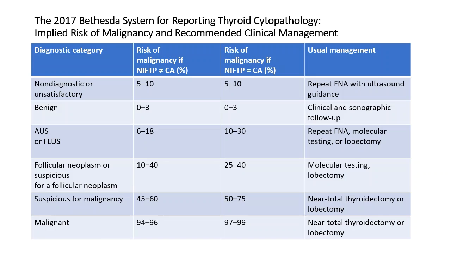That is why the risk of malignancy has been shown in 2 ways by the revised Bethesda system, where NIFTP is not considered carcinoma and where NIFTP is considered to be a carcinoma. And you can see there is a higher risk of malignancy whenever NIFTP is considered carcinoma, especially in the categories of AUS, suspicious for malignancy, and malignant, because these are the categories where it is included.